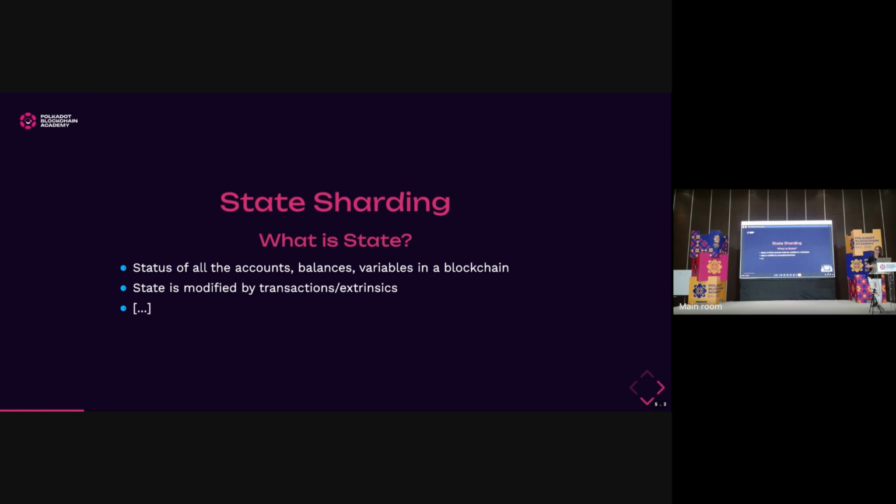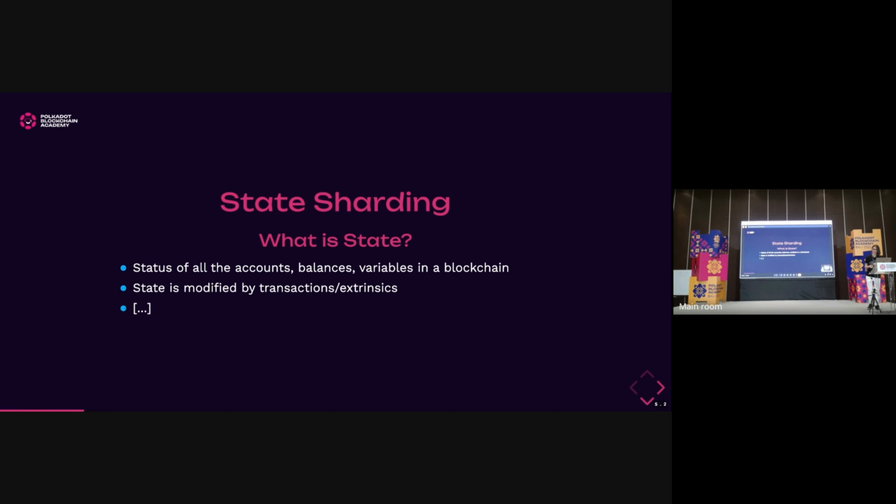And this state can be modified by transactions. We primarily in the Polkadot ecosystem refer to any sort of externally coming interactions like calls and transactions as extrinsics. They're the external information affecting the internals of the system. So for instance, if Alice sends 5 DOT to Bob, it modifies the bit of state where Alice has some coins and now Bob will have some extra.